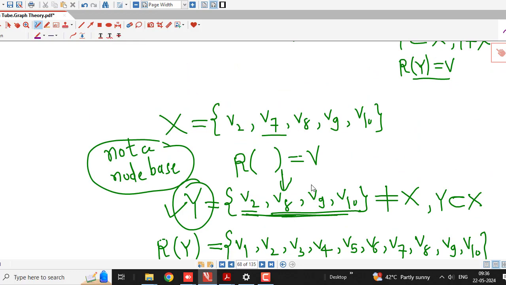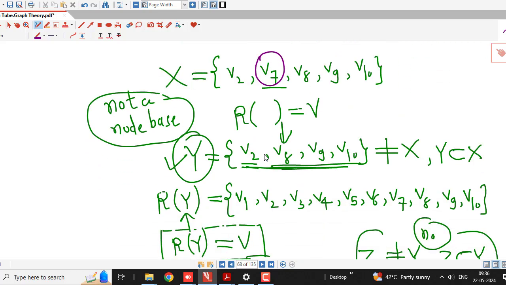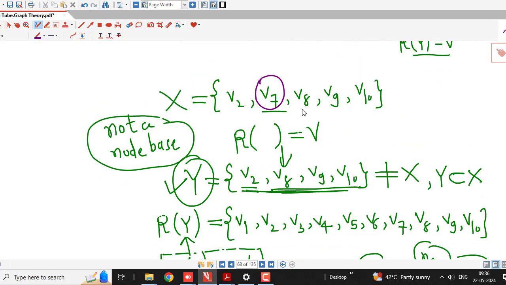In capital X, we had taken V7 as an extra vertex, which we have removed here because V7 was reachable from V8, so that is not allowed in a node base. Any two vertices in the node base are not reachable from one another.